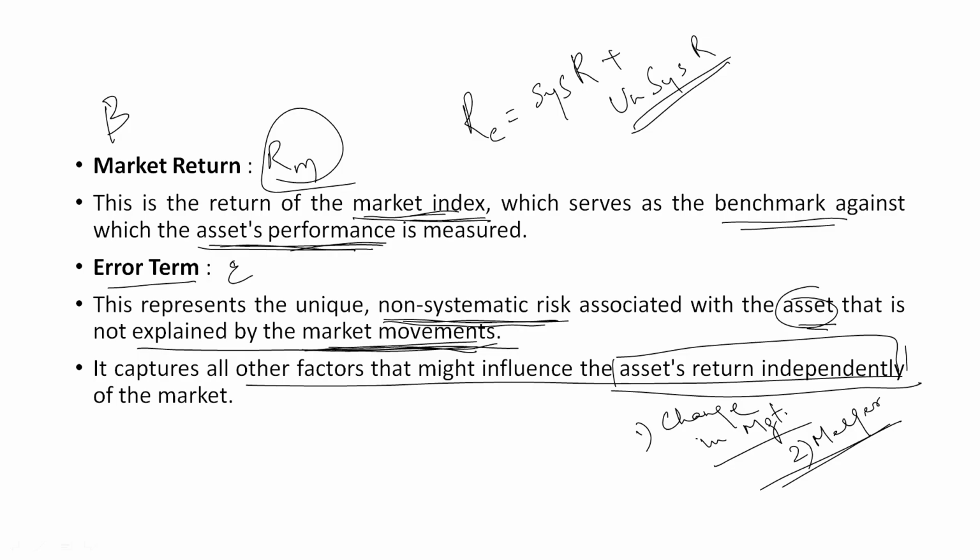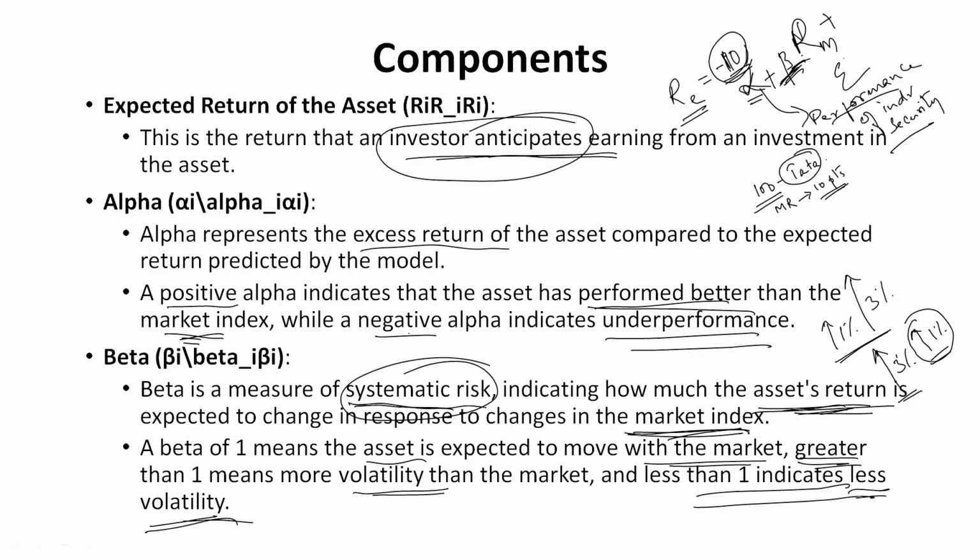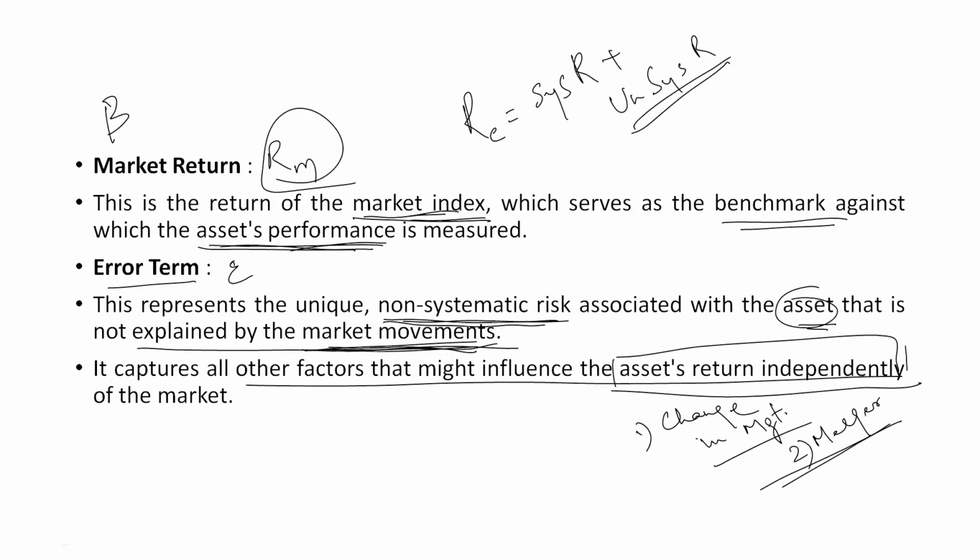Okay, and the next part of the equation talks about the epsilon over here, or the error term. So this error term, as I told you in the earlier module, when I was discussing CAPM, I told you that your expected return is a combination of systematic risk and unsystematic risk.